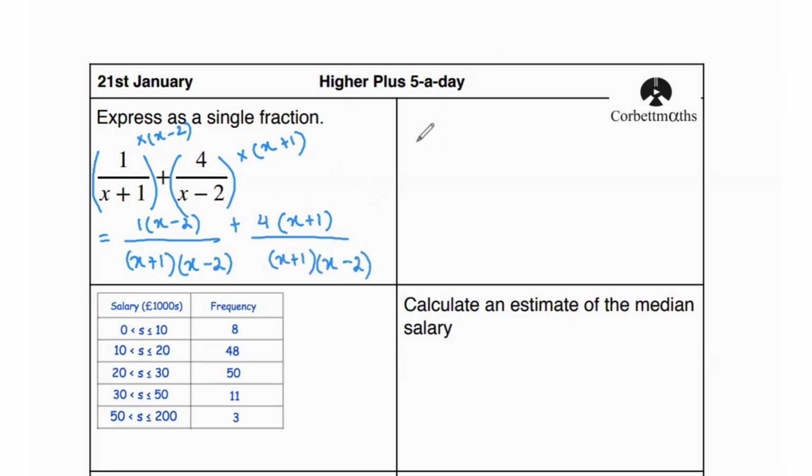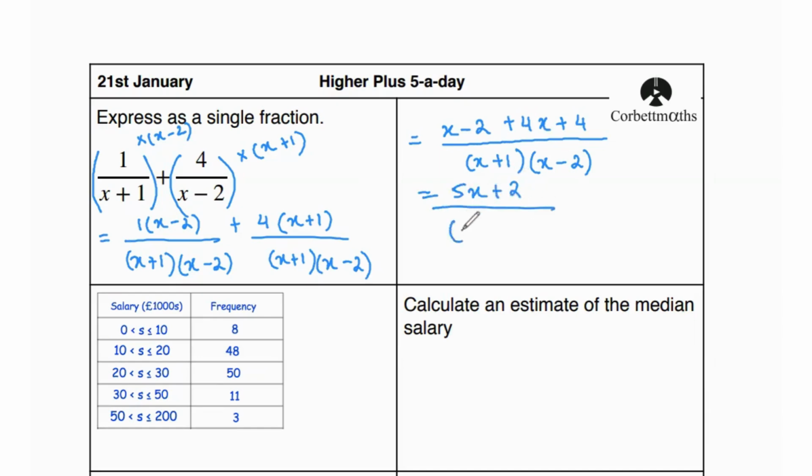As you can see, the denominators are completely equal now. So we can rewrite it as a single fraction, x plus 1 times x minus 2. And the numerator will be x minus 2 plus 4x plus 4, which is 5x plus 2, over x plus 1 times x minus 2. That is your answer.